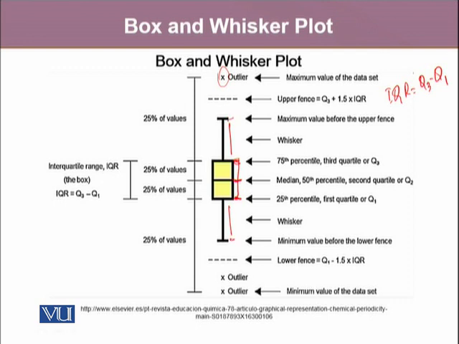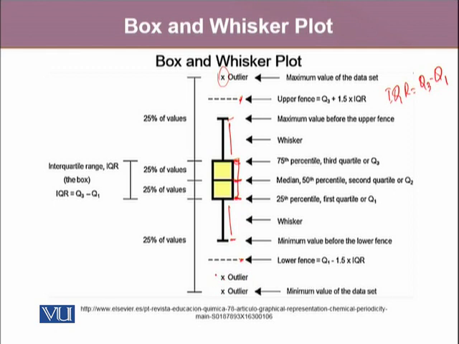Here, this value is the value that's just above the lower fence. This lower fence is obtained by Q1 minus 1.5 times the interquartile range. You will notice that this one at the top is Q3 plus, because we want to go beyond Q3 to look at the higher values, and to look at the lower values, we go beyond Q1.